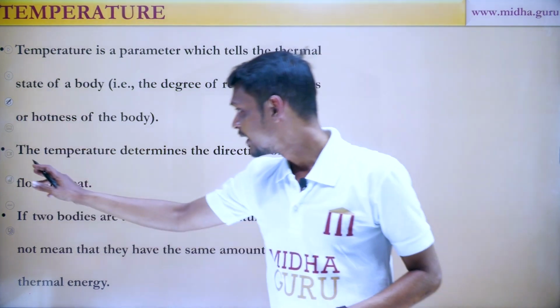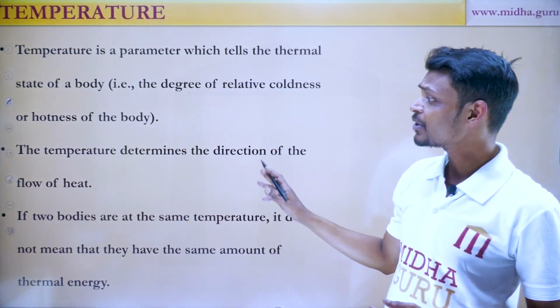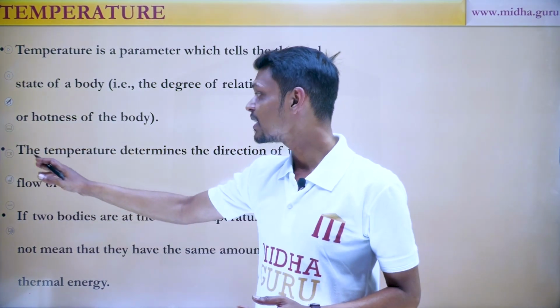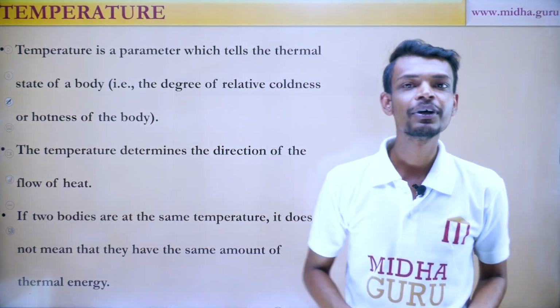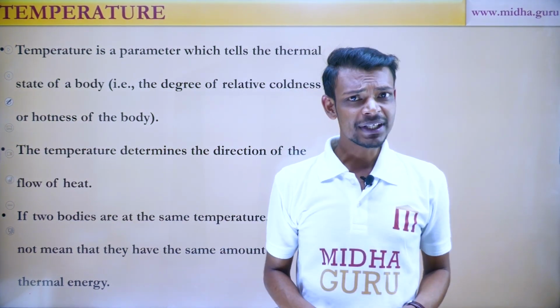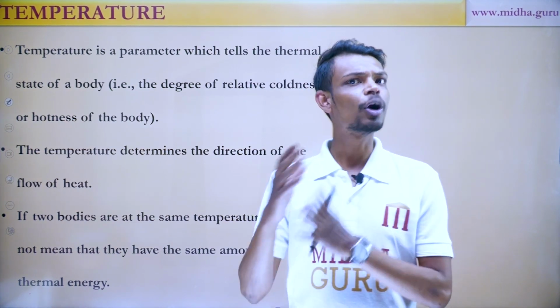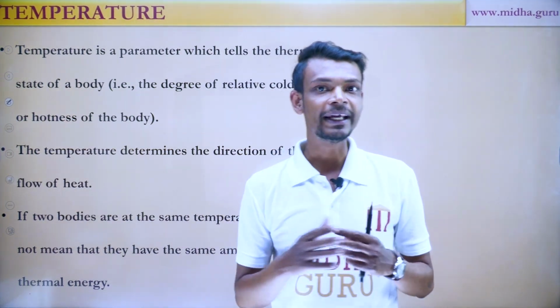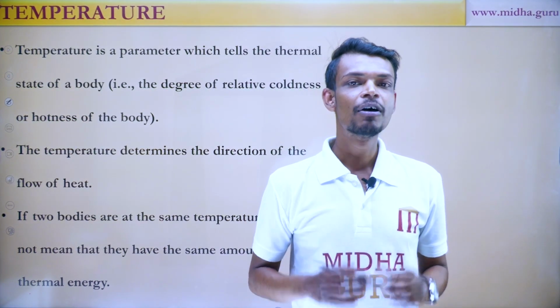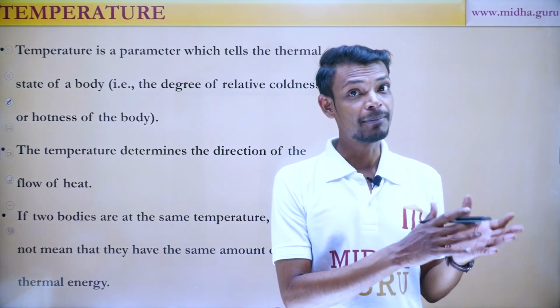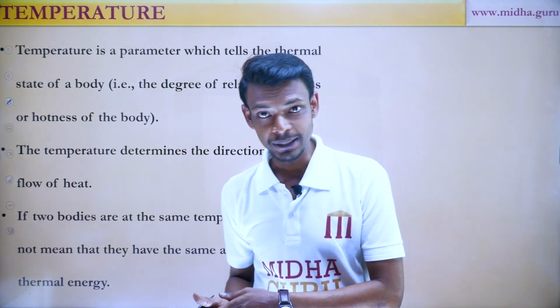Temperature determines the direction of flow of heat. If an object is at a higher temperature and another object is at a lower temperature, then the direction of flow of heat will be from the object with higher temperature to the object with lower temperature.